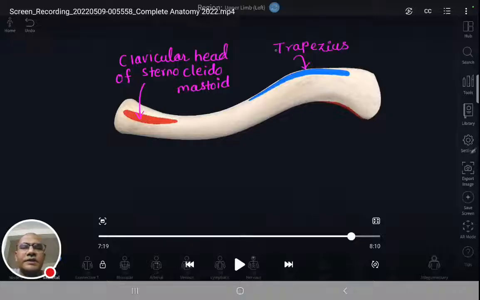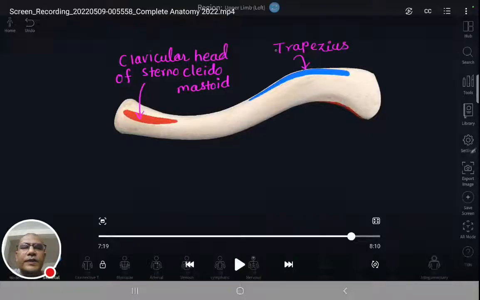As the name suggests, sternocleidomastoid has got a sternal head and a clavicular head, and the muscle goes for insertion over the mastoid process. So the clavicular head arises from the medial end from the superior surface.